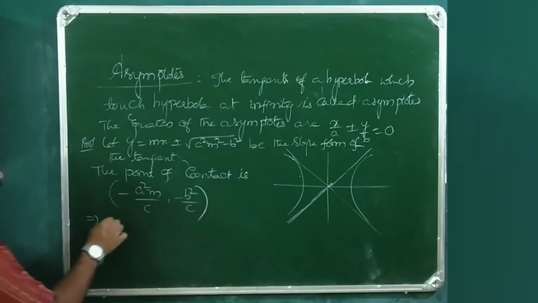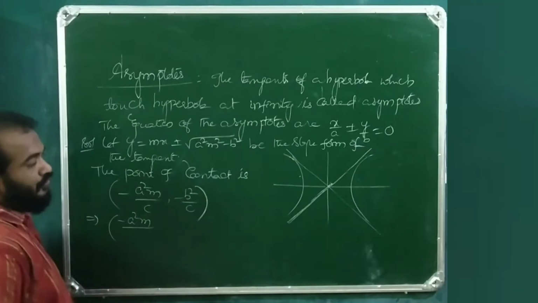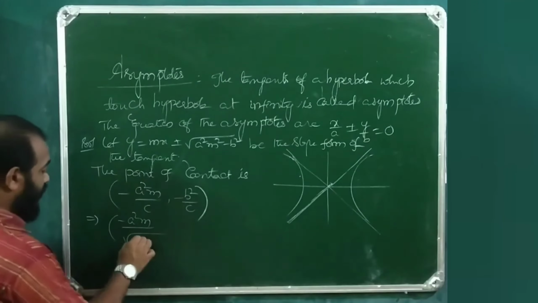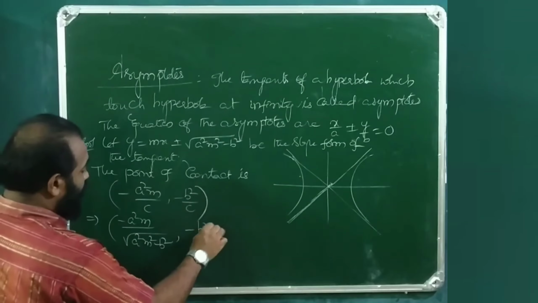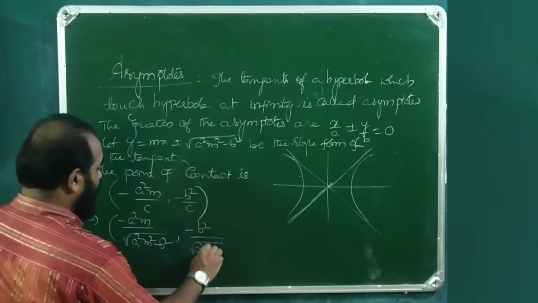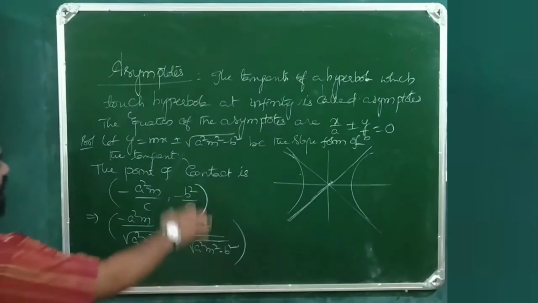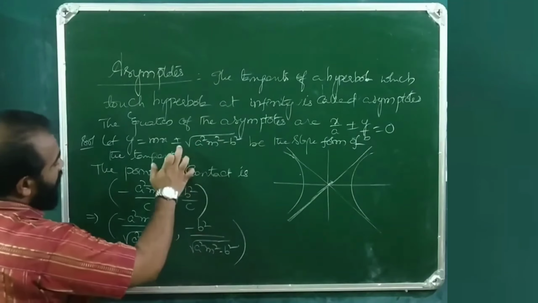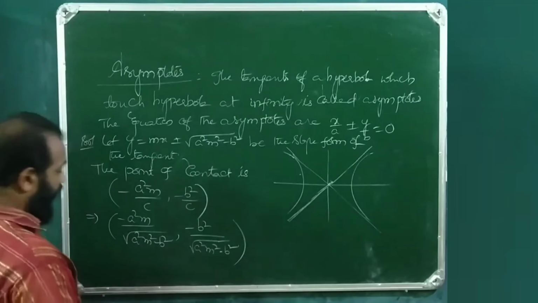So here c square equals a square m square minus b square, so c is the square root of a square m square minus b square. Since this represents the asymptotes, the asymptotes touch the hyperbola at infinity.